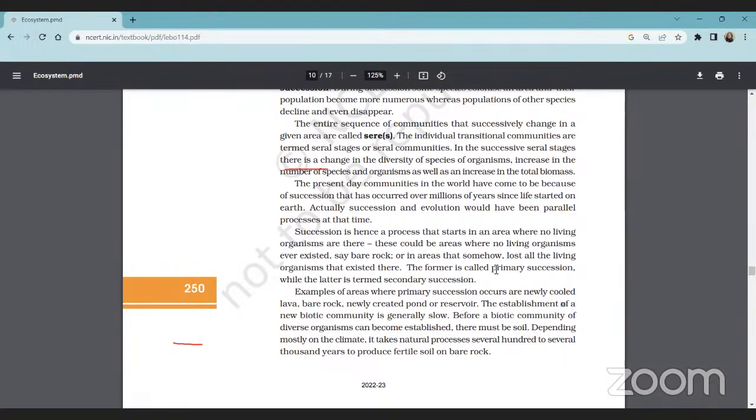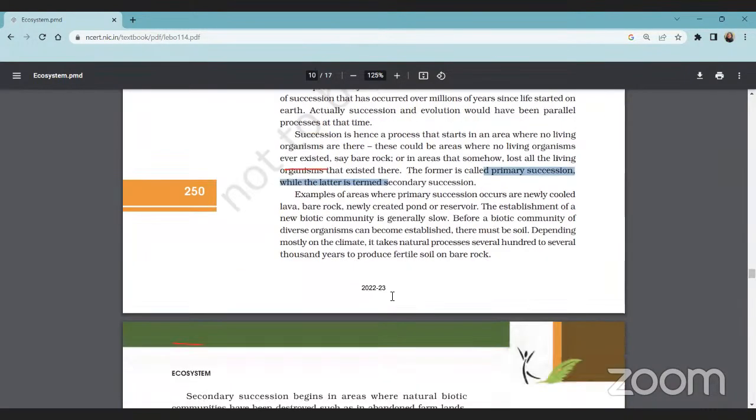The former is called primary succession, which means no living organisms are present in that area, while the latter is termed secondary succession.